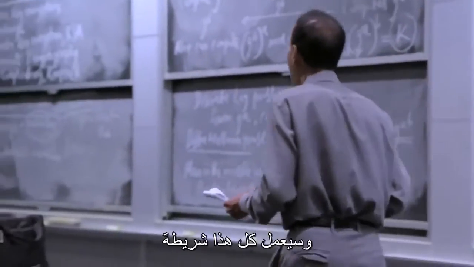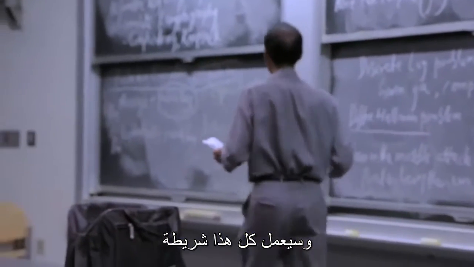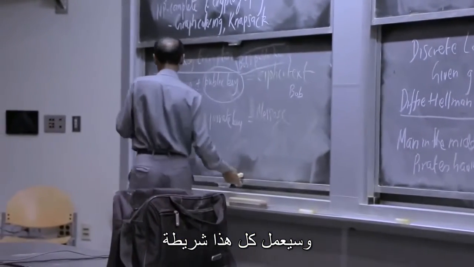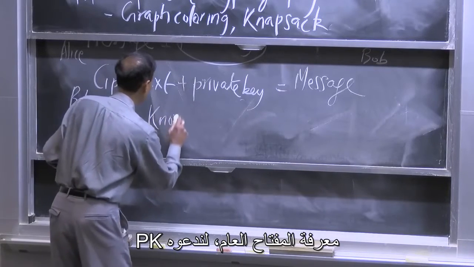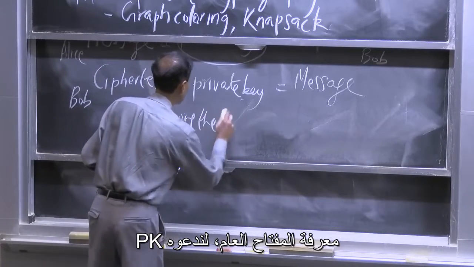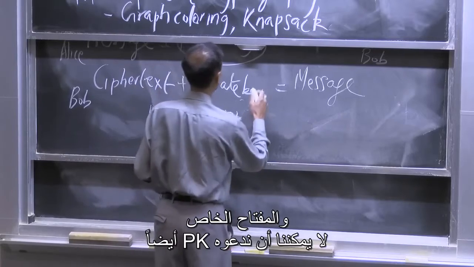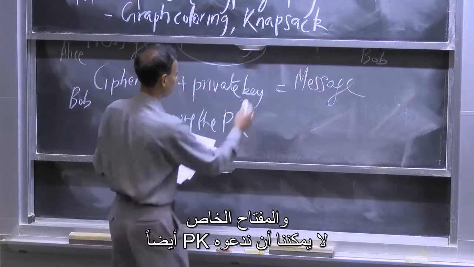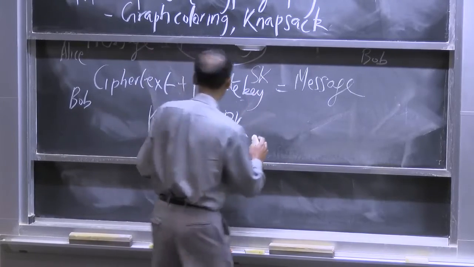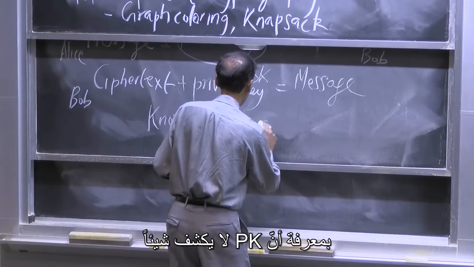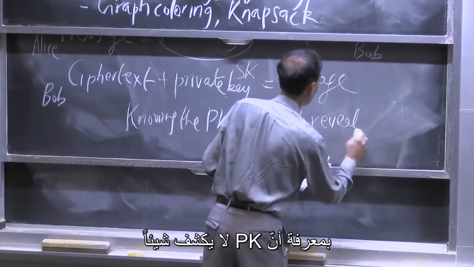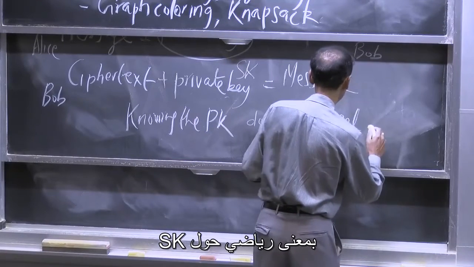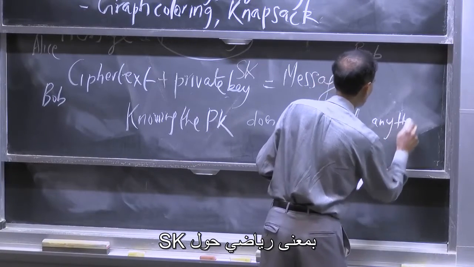And this whole thing is going to work provided knowing the public key, let's call it PK, and the private key, we can't call it PK as well, obviously, so we call it SK, knowing the PK does not reveal anything in a mathematical sense about SK.